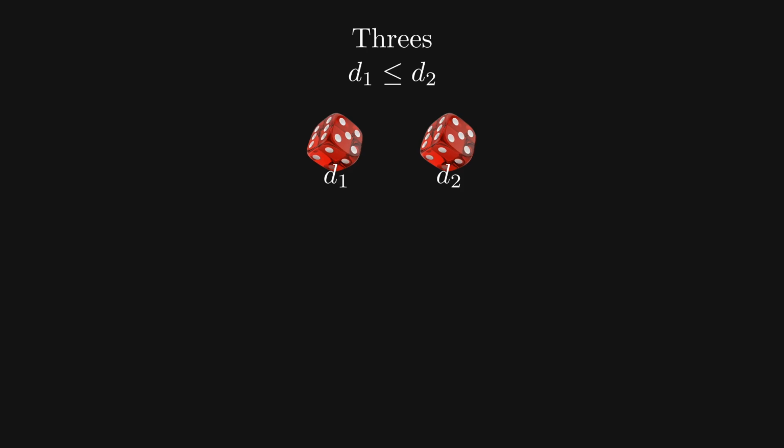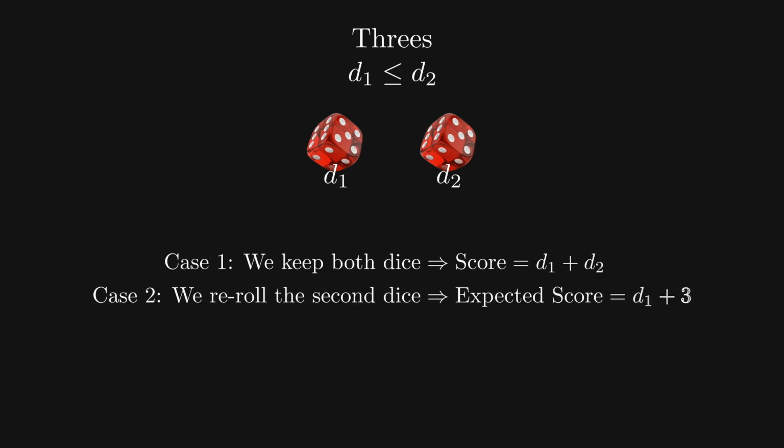The question is whether we keep the other one. Let the 2 dice be D1 and D2, and suppose D1 is less than or equal to D2. Case 1. We keep both dice. Our score is simply D1 plus D2. Case 2. We re-roll the second die. Our expected score is D1 plus the expected value of the reroll, which gives us D1 plus 3.